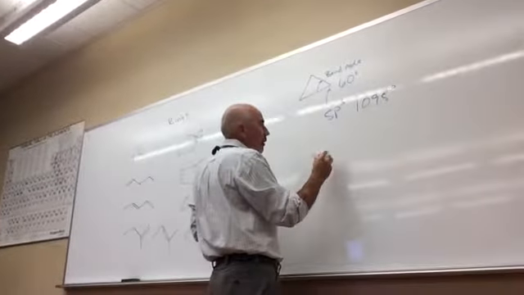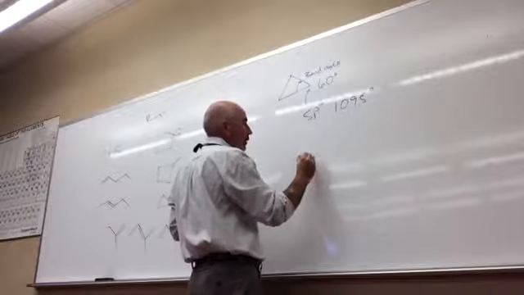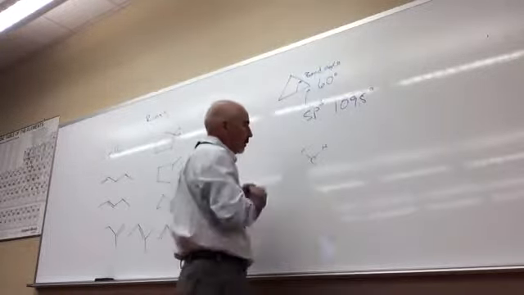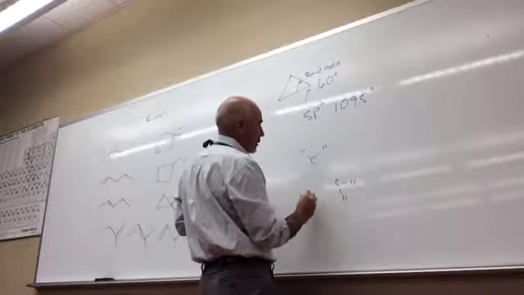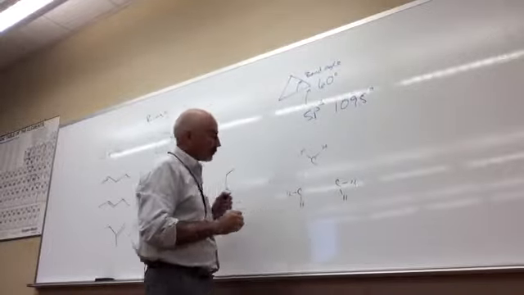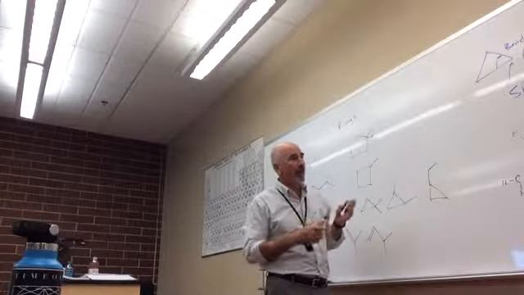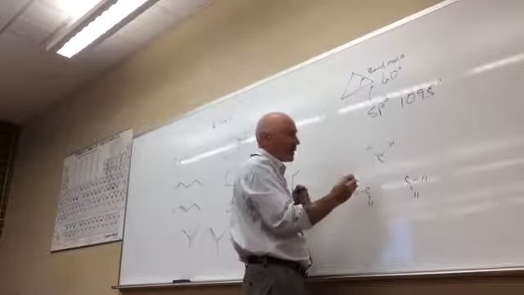If I were to look at this a little closer, I've got my carbon and its hydrogens, and my carbon and my hydrogens, and another carbon and its hydrogens. And I've got to get my other two bonds going to each carbon. If I put the bonds directly, they're 60.